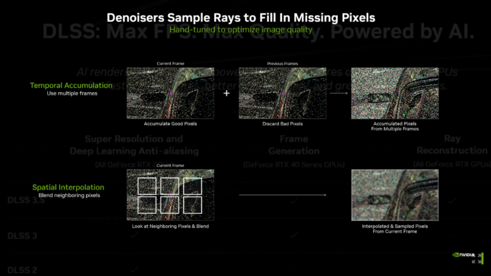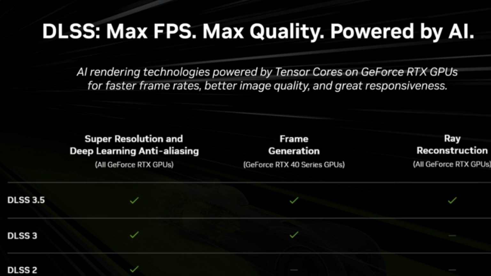However, the confusion now is that there's really three technologies that are not the same thing, all under DLSS. And with the introduction of 3.5, it's now even more confusing which GPUs support which technologies, and once again, this slide right here is really confusing a lot of people.